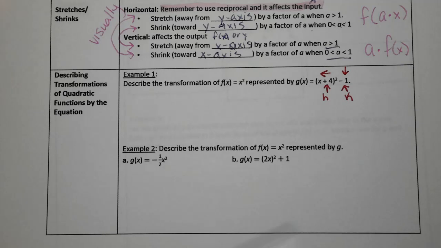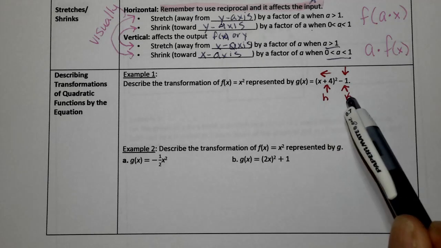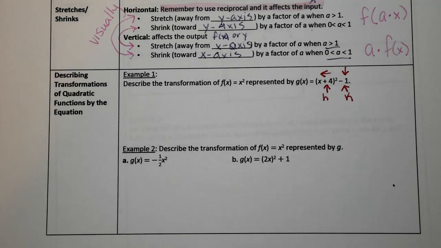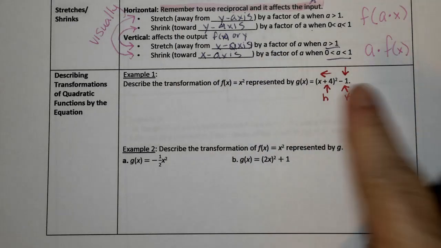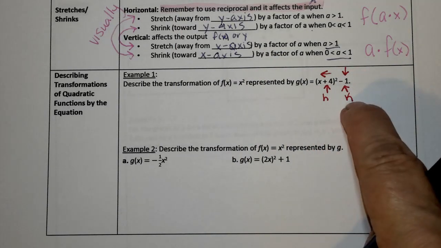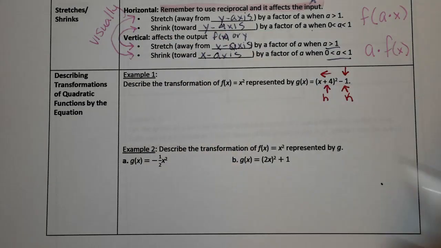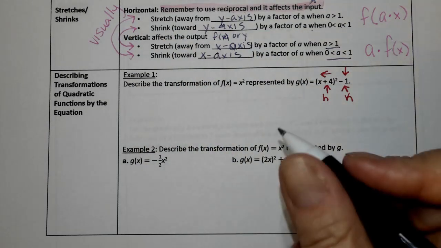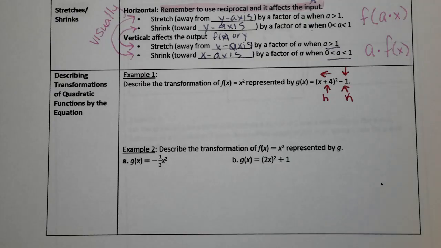So your vertex, because our vertex is (h, k), is found by doing the translations. All right, so because h is negative 4, it's going to the left, and the k is negative 1, it's going down. So we would say the graph of g is a translation 4 units left and 1 unit down.